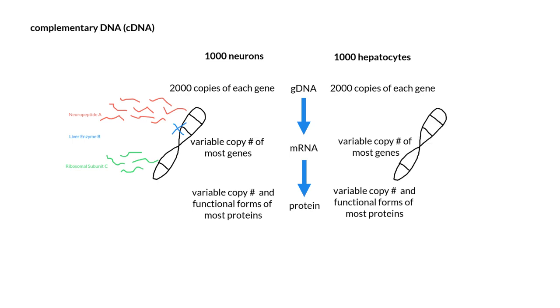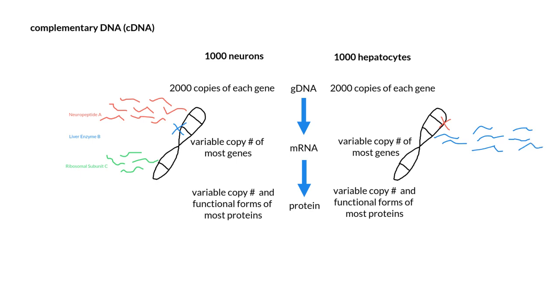Now in our 1,000 liver cell sample over on the right, you've got a different situation where there's probably 0 expression of a neuropeptide in that situation. You've probably got lots and lots of expression of mRNAs corresponding to the liver enzyme that needs to be built there.